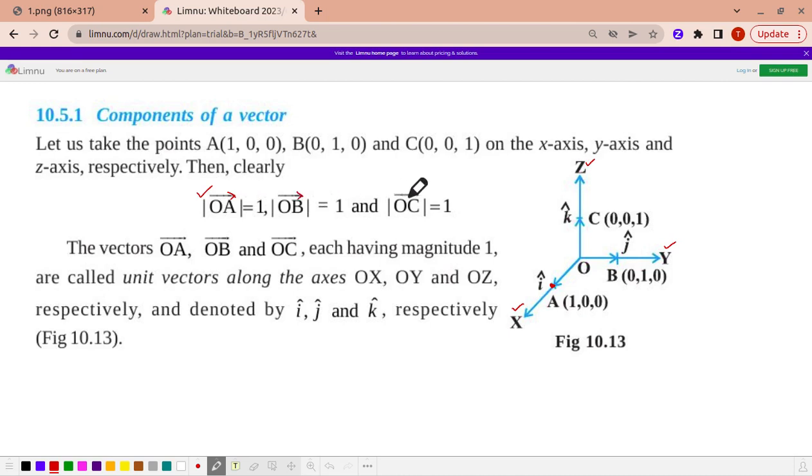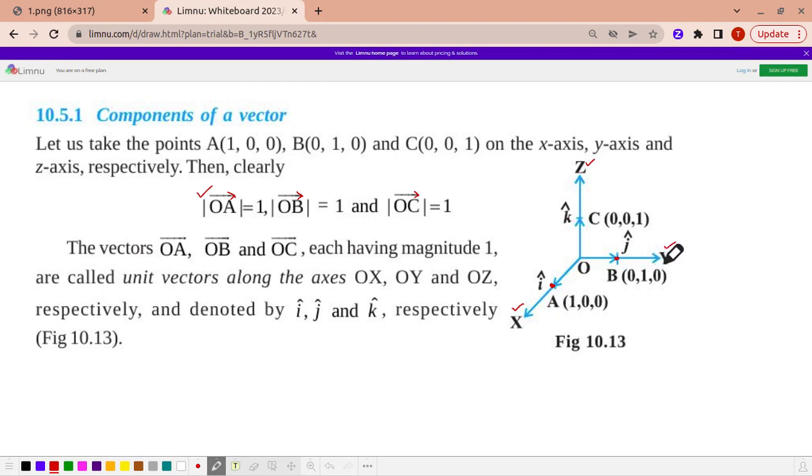So similarly, if we take the point B on the y-axis, its coordinate is 0, 1, 0, because a point on the y-axis has its x and z coordinate 0.